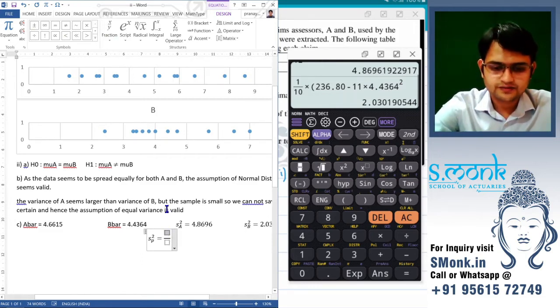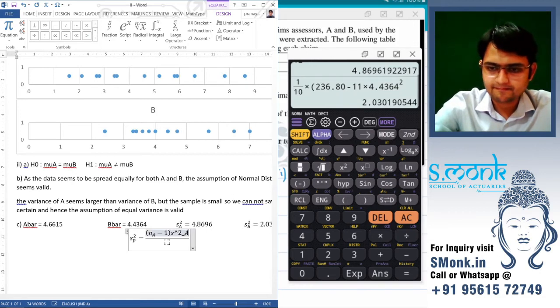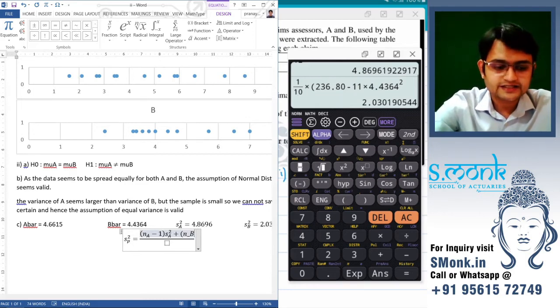We'll have n underscore a minus 1, and you can see it takes time, so you will have to practice a lot if you are writing. So as I've said, unnecessary equations we should not write. I would not write this in the examination because it is expected that you know the formula. You don't need to write it.